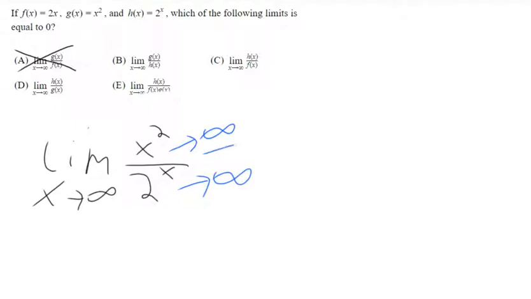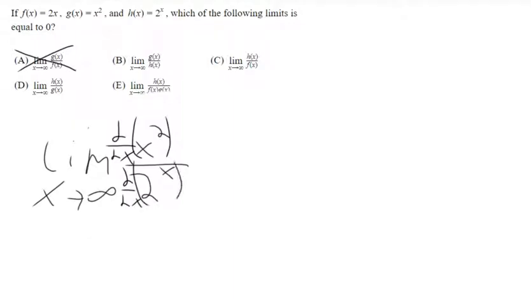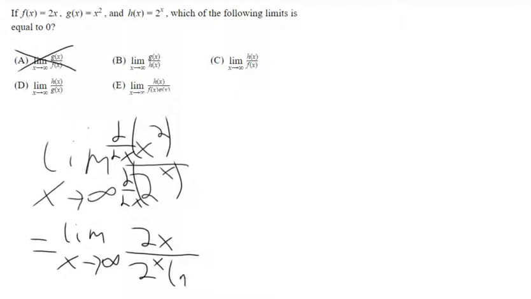So we have another infinity over infinity situation on which we can use L'Hopital's rule. So I will do d dx and d dx. And this is going to give me the limit as x goes to infinity. And the derivative of x squared is going to give me 2x. And the derivative of 2 to the x will give me 2 to the x, natural log of 2.